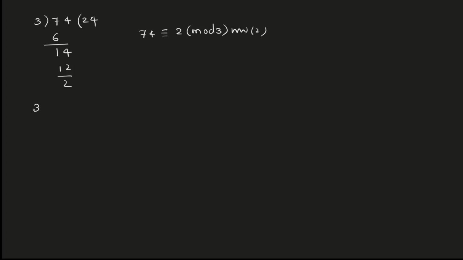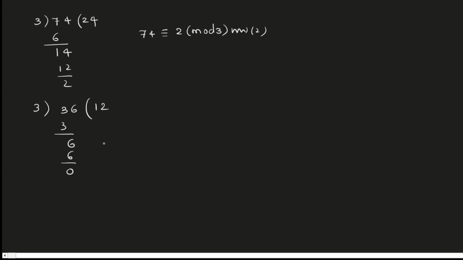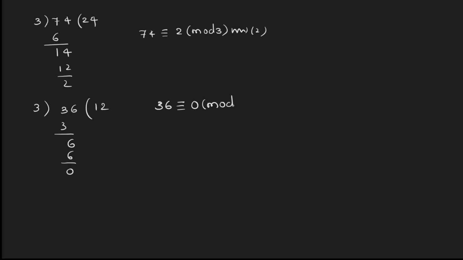Then lastly, 3 divides 36. 3 into 1 is 3, then 6. 3 into 2 is 6. So this remainder is 0 now. How will you express it? 36 is congruent to 0 mod 3. Call this equation 3. What is the last thing you need to do? We need to multiply equations 1, 2 and 3.